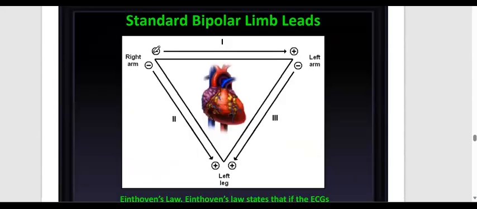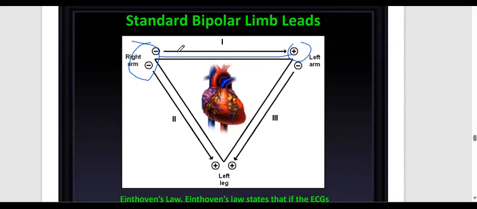Basically, in the right arm we have negative charges, and in the left arm we have positive charges. In the left leg we have put positive charges.